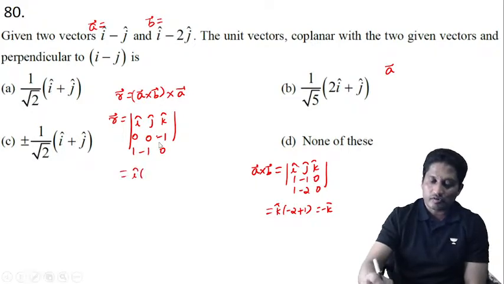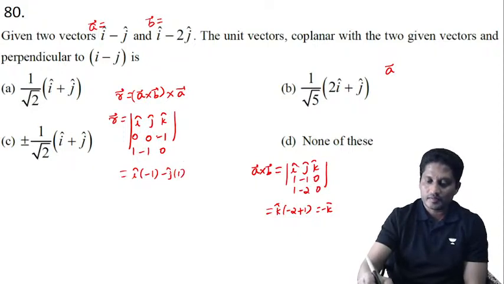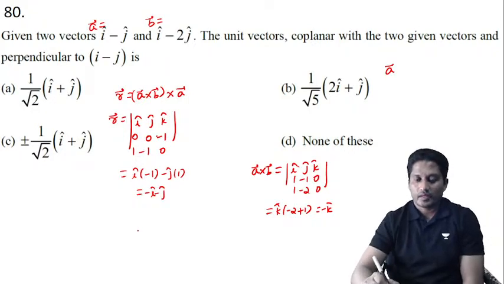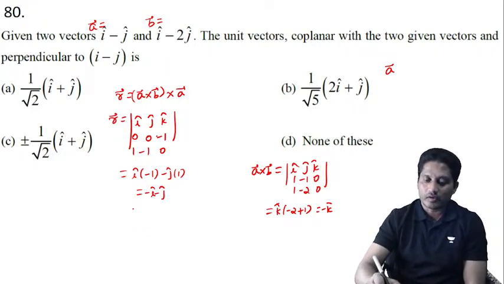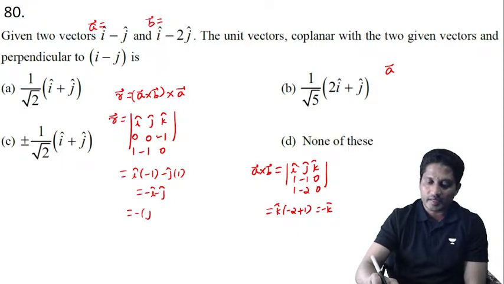Delete first row first column, this is 0 minus of minus is minus 1. Delete first row second column, you get plus 1. This is minus I minus j. Okay, now if I take minus common, you get I plus j, right?